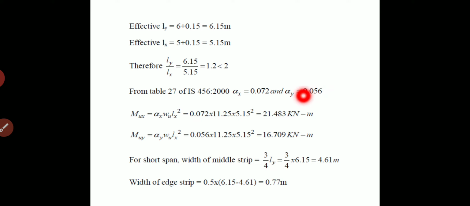Now we calculate moment MUX and MUY. The MUX formula is alpha x WU LX square, and MUY is calculated as alpha y WU LX square.